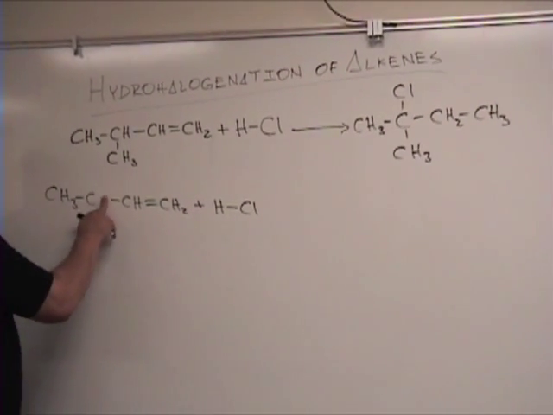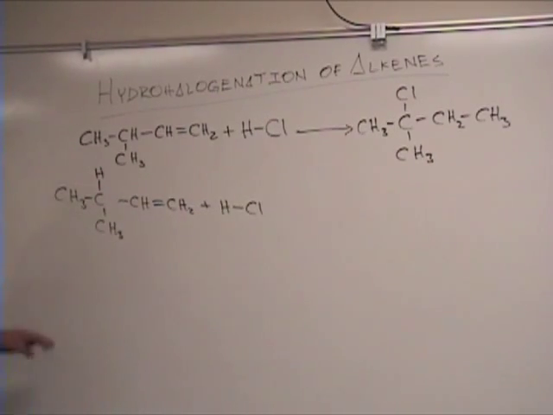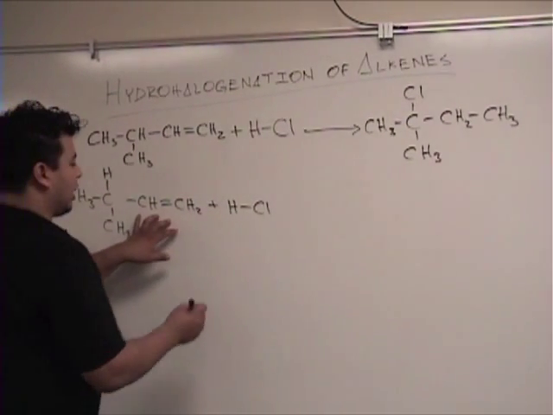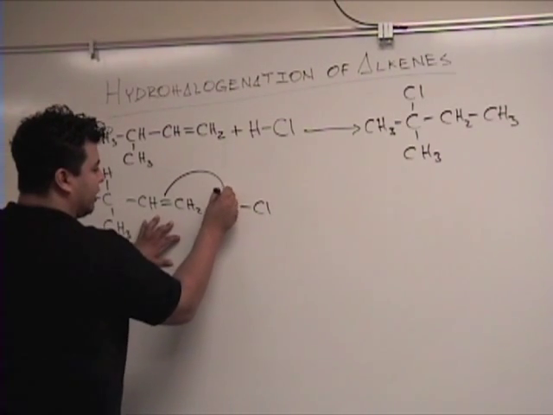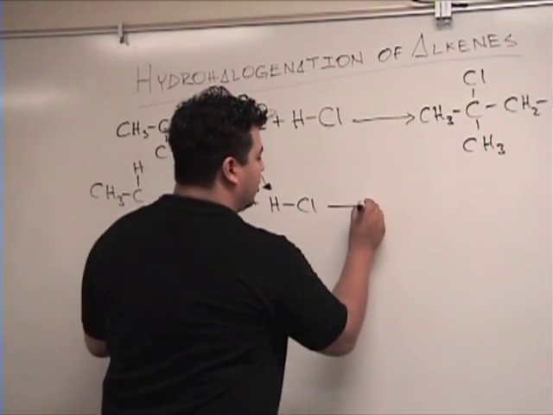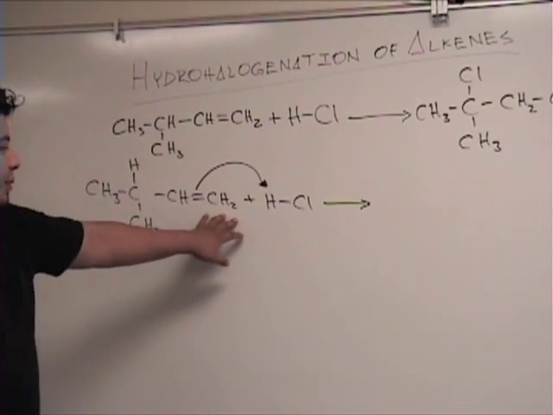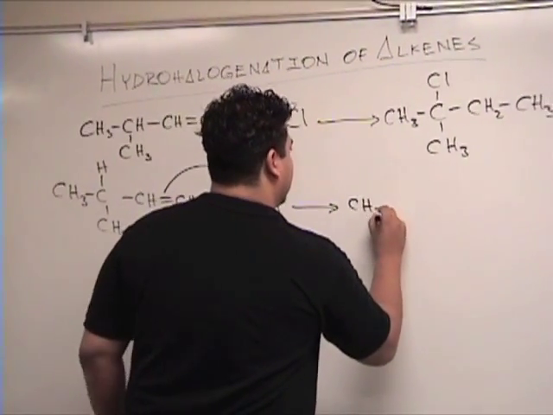Let me show this hydrogen up here. So we know Markovnikov tells us this is going to attack the partial positive hydrogen, and it's going to go to the carbon that has the most hydrogens. So let's see how that looks.